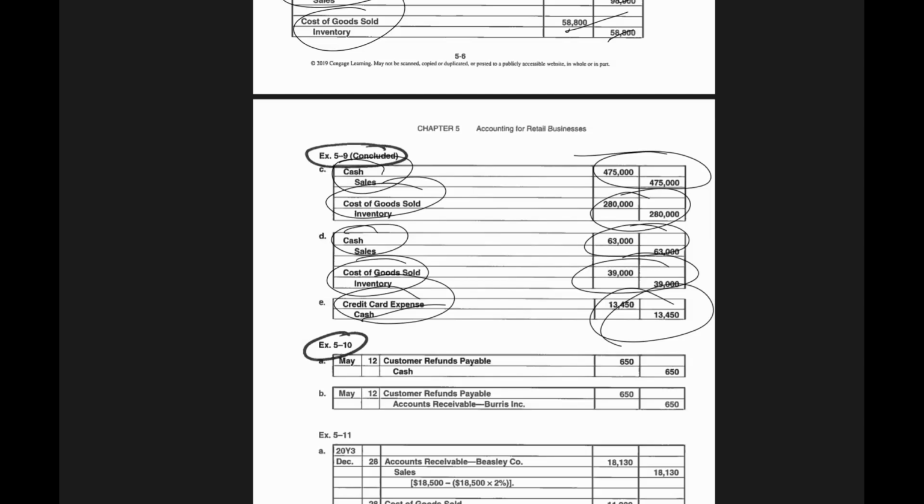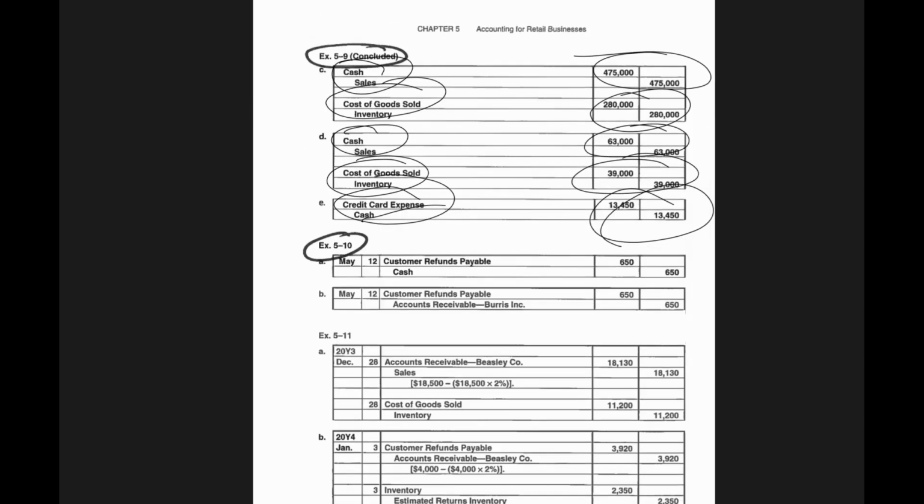Okay, so number 10, letter A. It says, journalize the entries by Silverman Enterprises to record the December 28th sale. Well, we know what the sale would be. If you look at the solution here, it doesn't have the sale on there.